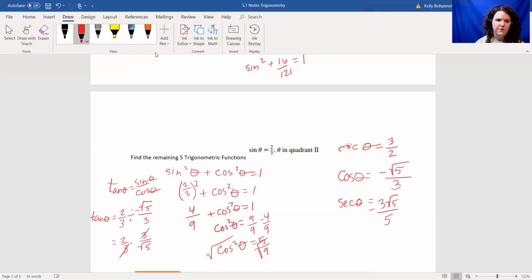My 3s cancel. Rationalize, and I end up getting tangent of theta is 2 square root 5/5. And that's negative. And then that means cotangent is square root 5/2, because it's that flipped over. So that's all 6. So those are the answers to the ones that go with exercise 1.